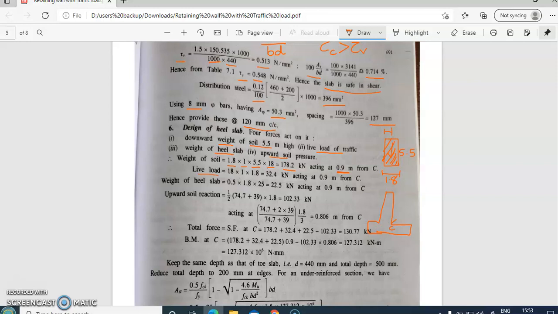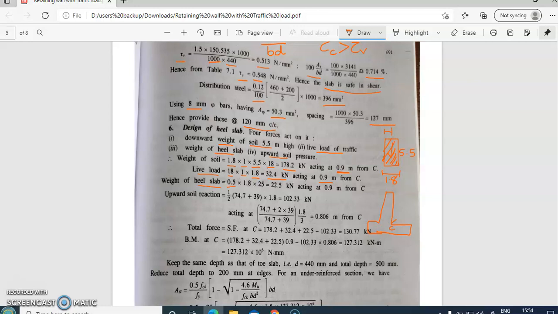Next, we'll find out the live load. 18 kilonewton per meter square is the intensity of the traffic load for 1 meter length, and 1.8 is the width. So we get 32.4 kilonewton. Again, the width is 1.8, so half of 1.8 is 0.9 meters, and it lies 0.9 meters from C. Next is the self weight of the heel slab.